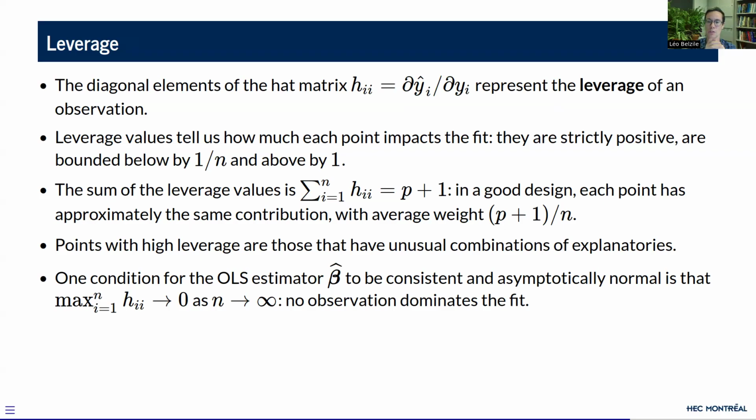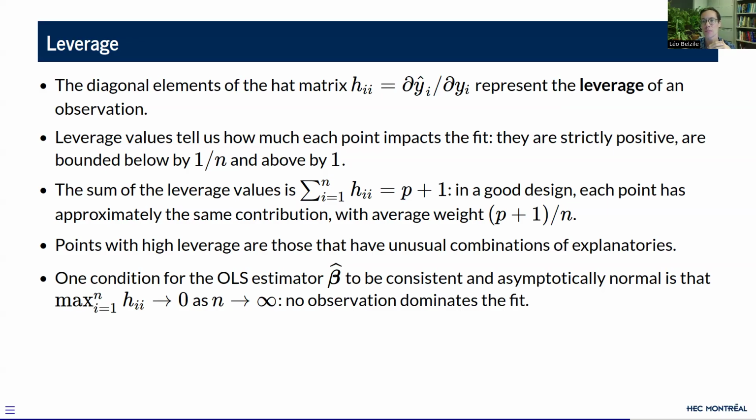So the hat matrix, if I compute the partial derivative of that linear prediction as a function of, how much of the fit of observation I was impacted by the actual observation you had. Okay, I'm going to retrieve HII.